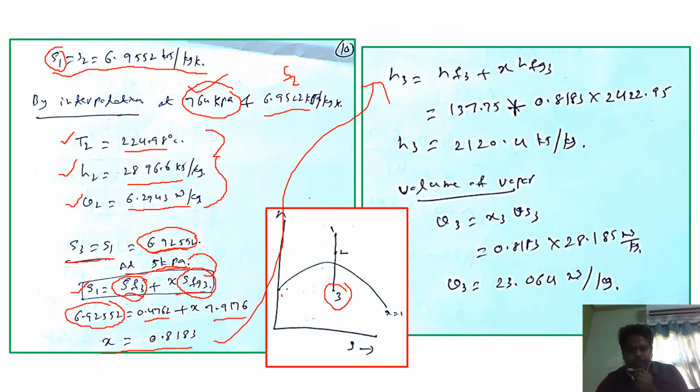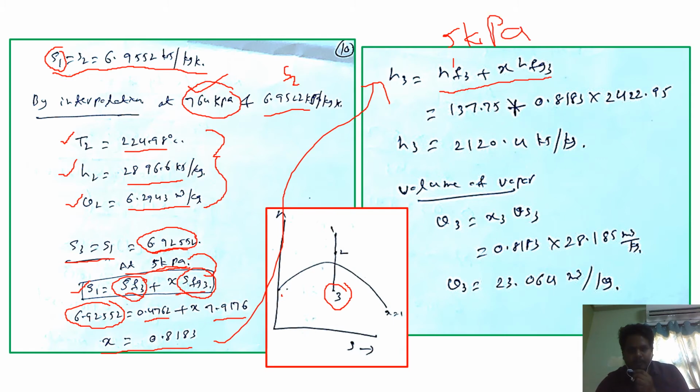Now with this data we can find the enthalpy at point 3. We can write it as H3 equals HF3 plus X into HFG. Here HF3 means enthalpy of the liquid at the given pressure of 5 kilopascal.